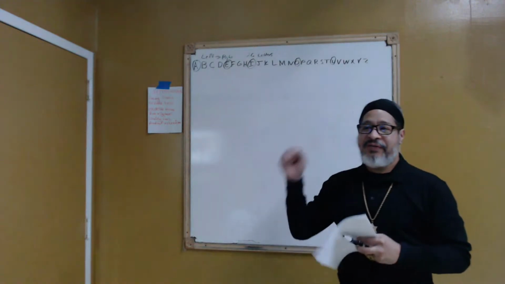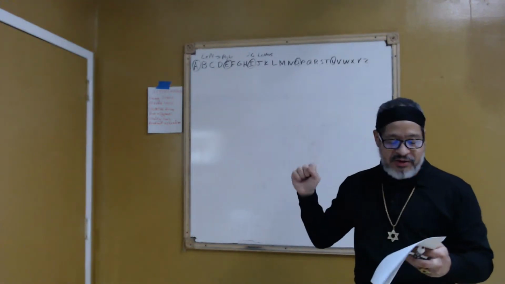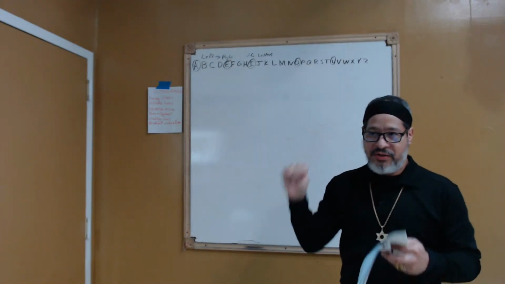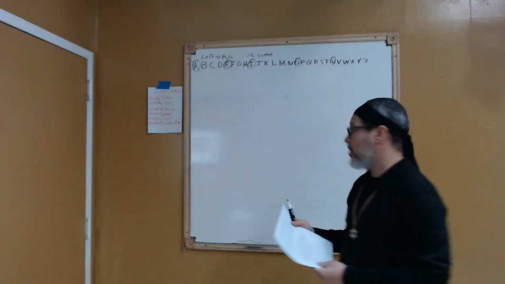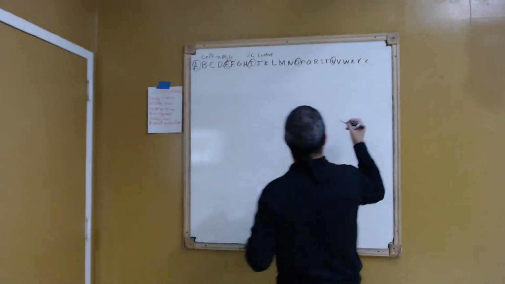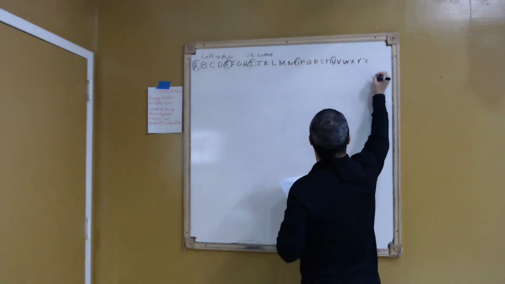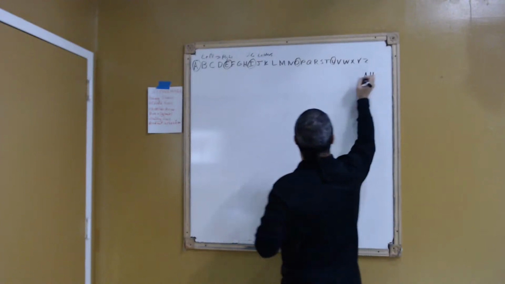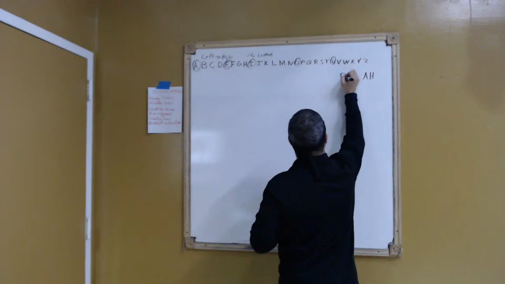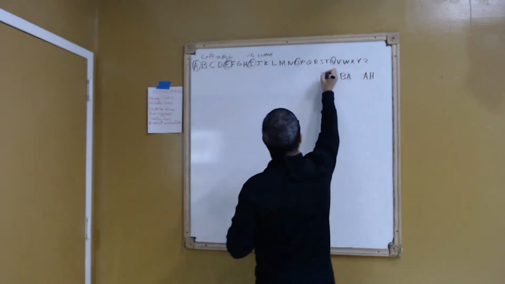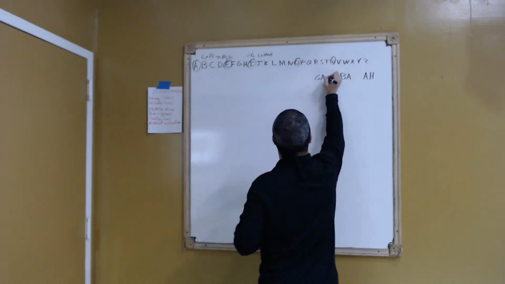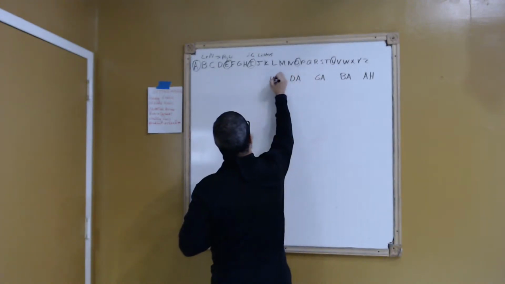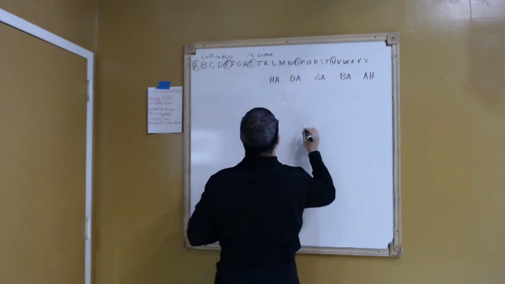It was 5 characters, 5 characters, 5 characters, 3 characters, and 4 characters. I'm going to write that quickly. The sounds were a, ba, ga, da, ha.